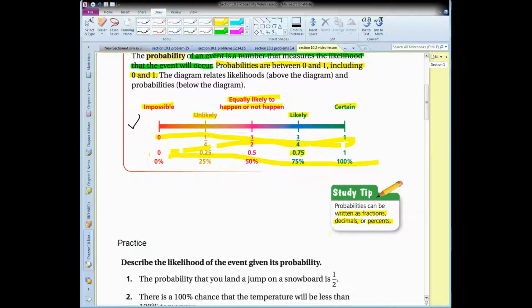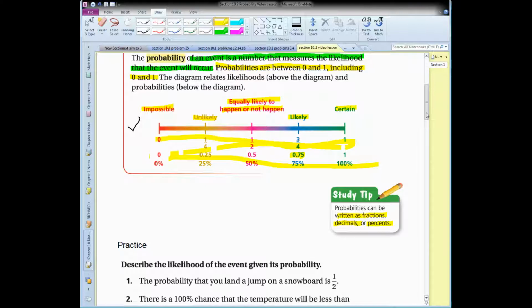And remember, if we are going to write an answer as a fraction, what do we have to make sure that our fraction is? I've made a point of this a lot so far this year. That's right, it should be simplified or in simplest form.